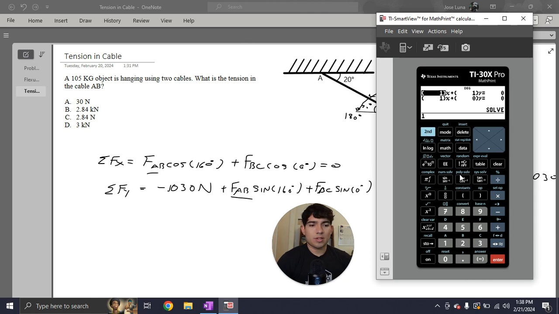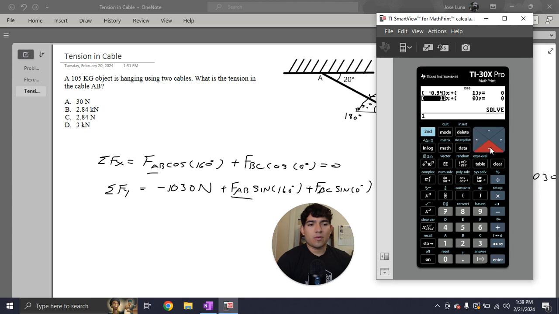So in this case we have cosine of 160, and then for this one it's going to be cosine of just 0 degrees, so that's just 1, and it's equal to 0 in that case.